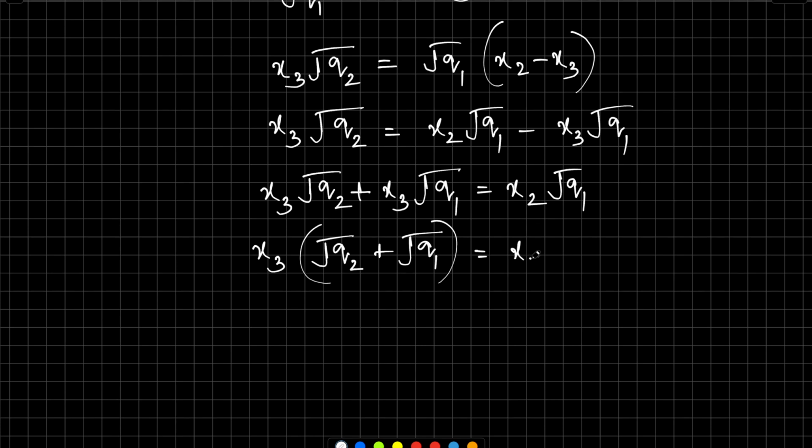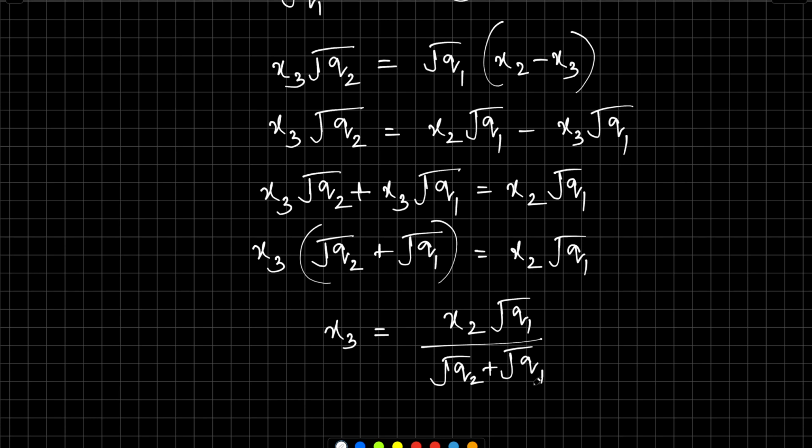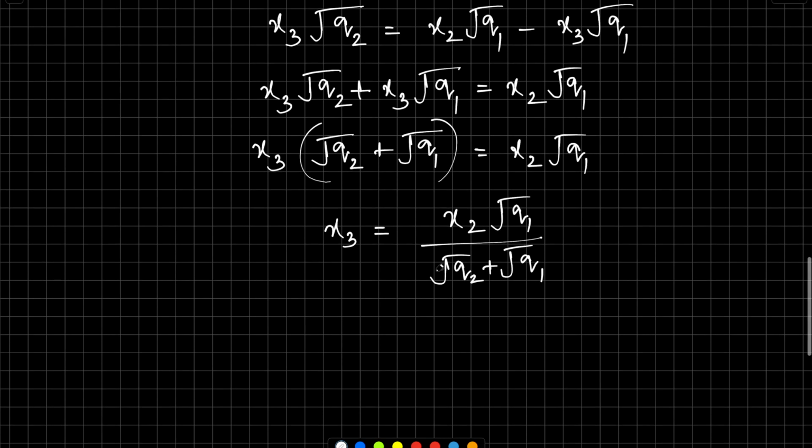Right side, it's the same thing, x2 root Q1. Now we need x3, so we don't want this thing on the left side, so I'm going to divide with square root of Q2 plus square root of Q1. So x3 will be x2 square root of Q1 over square root of Q2 plus square root of Q1, and that's our final equation.